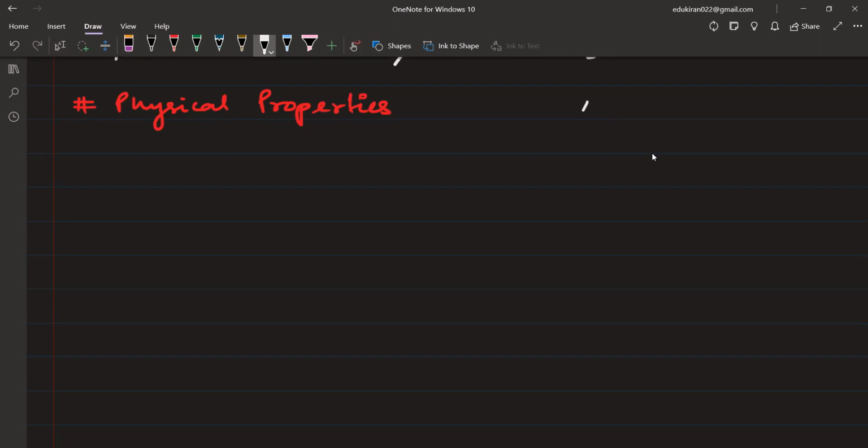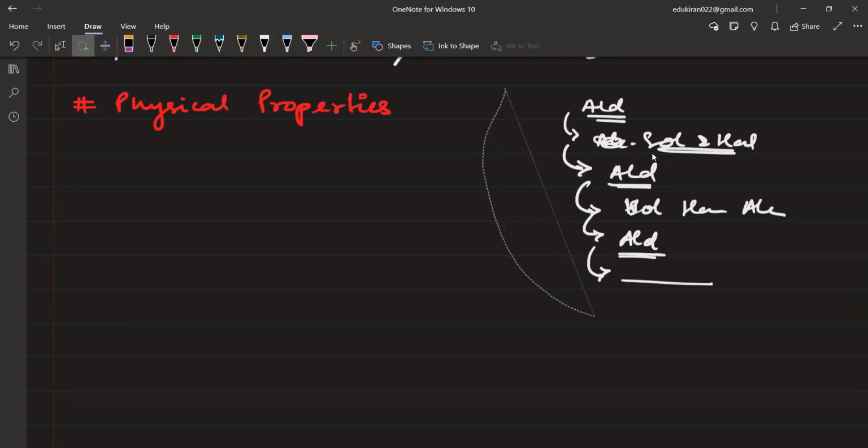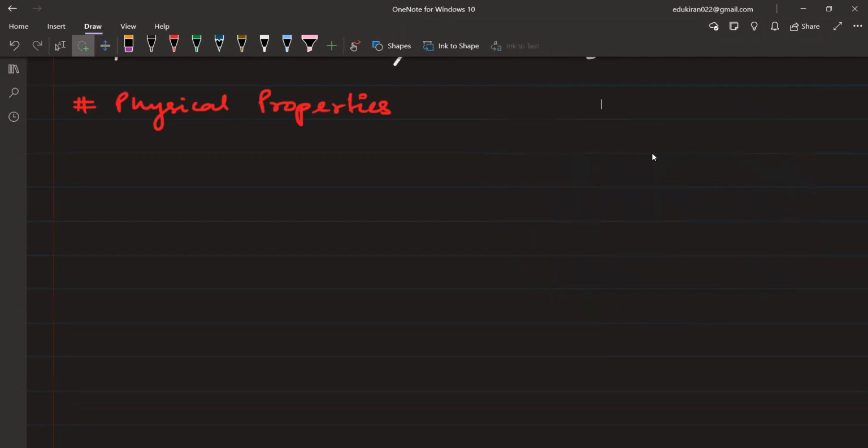Say after alcohols, phenols, ethers, I will be taking aldehydes, ketones, and carboxylic acids, whatever topic is done till the last week. After that, I will be doing solutions and haloalkanes, both of these chapters. In the next class, again, I will be doing aldehydes and ketones. After that, I will be doing all the chapters, and then I will be mixing things up. So be in contact with your studies.